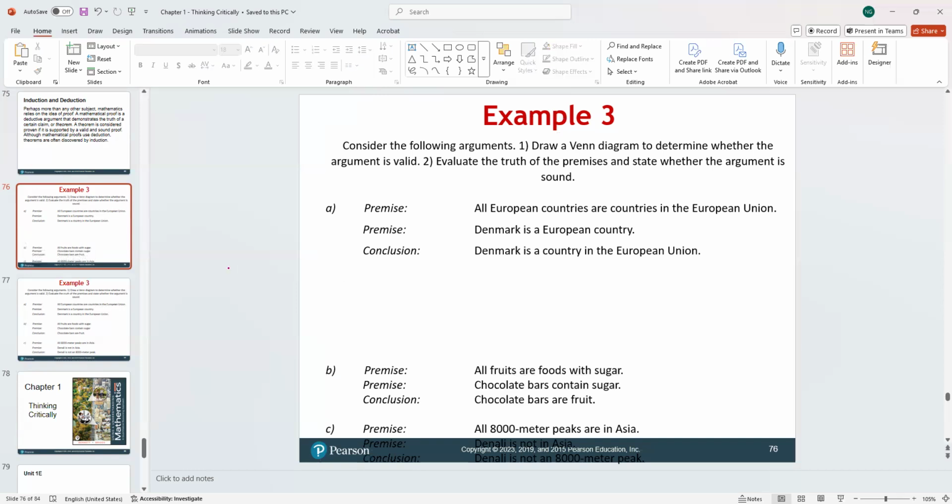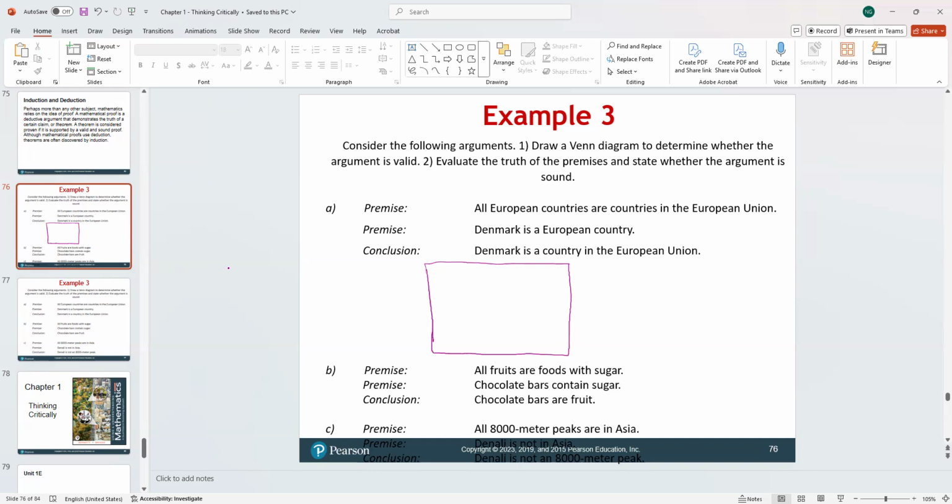What they ask us to do, we know a Venn diagram is gonna be in a circle, right? So from that circle, let's see what they said. All European countries are countries in the European Union, right? So European countries are in the European Union. So we said, oh, that's subsets, right?